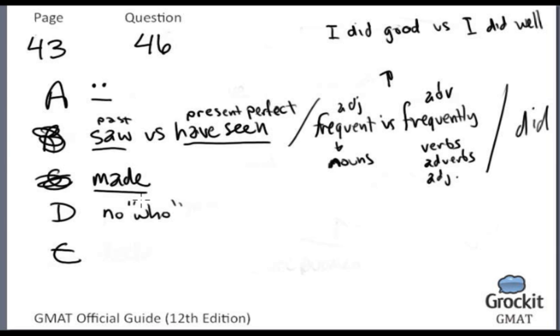And this one also has the frequent issue versus frequently, and it also has did. Plenty of reasons to make D not the right answer. Lastly, we have the thus, we have the no who.